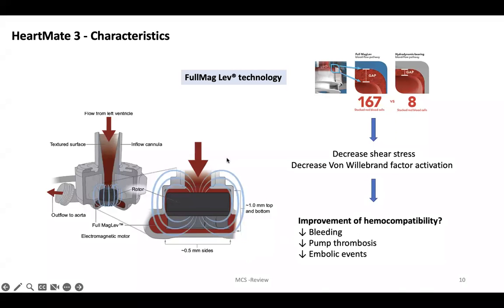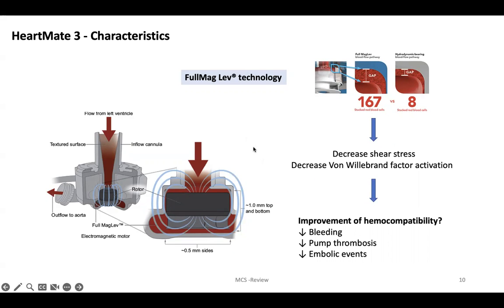hemocompatibility. And its hemocompatibility, as you know, is related to the increased gap between the rotor and the cage of the pump. It's almost 10 times larger than in previous pumps, meaning that the shear stress on the blood is much lower, and you also may have a decrease of von Willebrand factor activation.